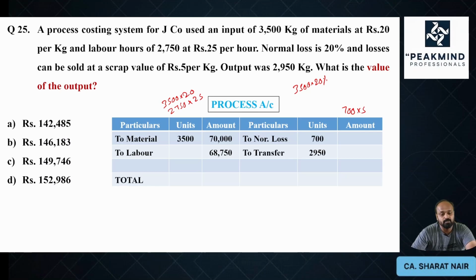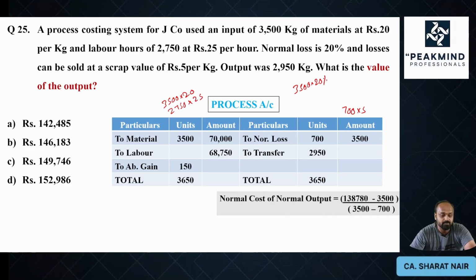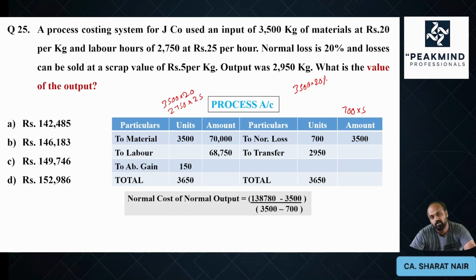Now, units transferred is given. If I balance it, I realize that there is a case of abnormal gain because the credit side is 3,650, but my input is only 3,500. So this is a case where I have an abnormal gain of 150 units. Now for that, I need to calculate the normal cost of normal output again, which will be 1,30,250.